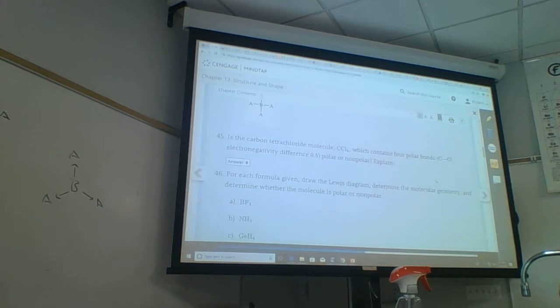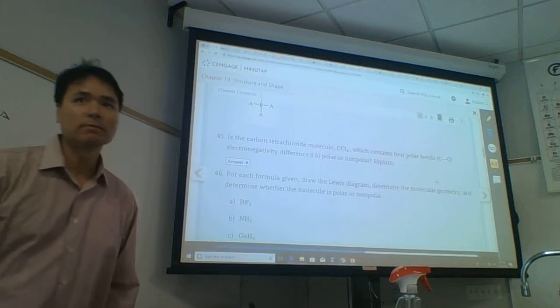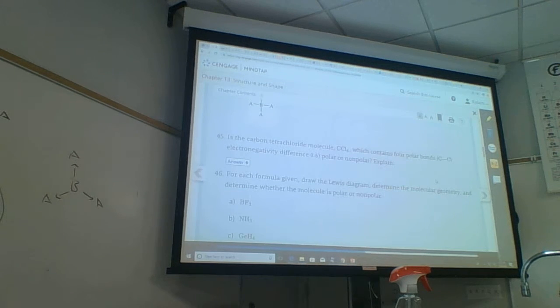The other way of visualizing this is what we call spherical symmetry. In spherical symmetry, we position these A's evenly around the surface of the sphere. Since they're evenly distributed around the surface of the sphere, they're going to cancel each other out. It's tetrahedral. It's going to be non-polar. Non-polar.